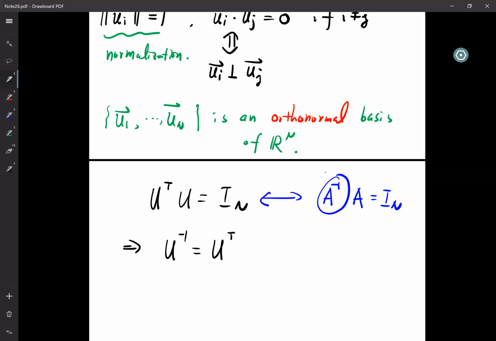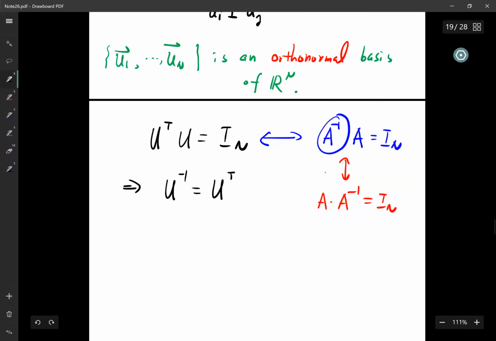The second thing about the orthogonal matrix, which is not so obvious if you think about that, is if A inverse times A is identity, we also have A times A inverse is identity. I mean, that seems to be so natural. Applying this to the orthogonal matrix, what we have is U times U transpose equal to identity n, because this is its inverse, right?